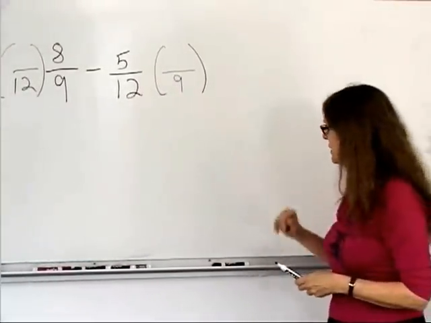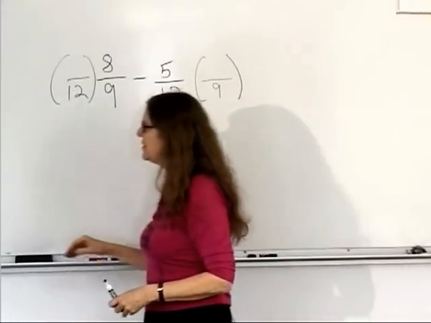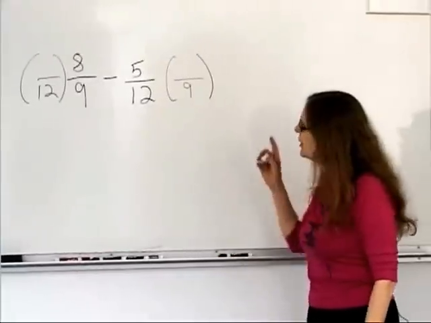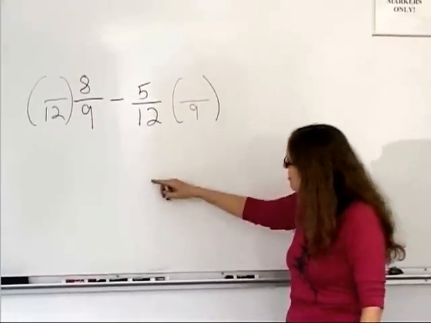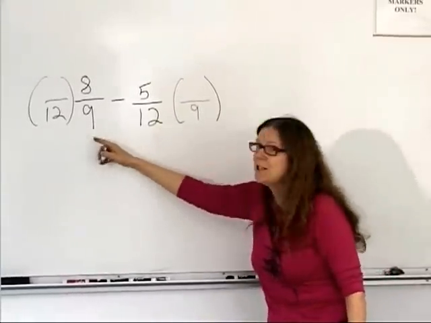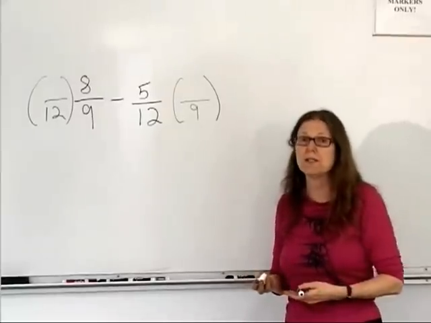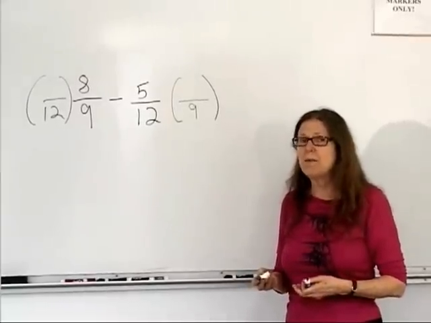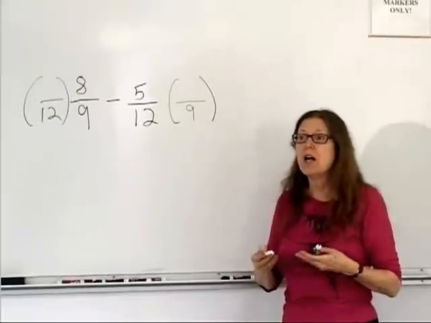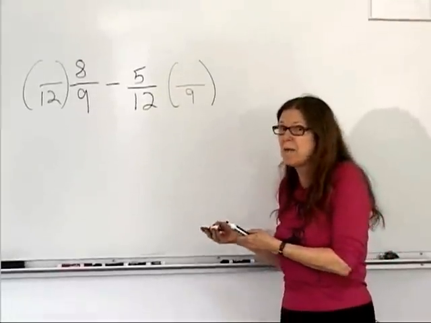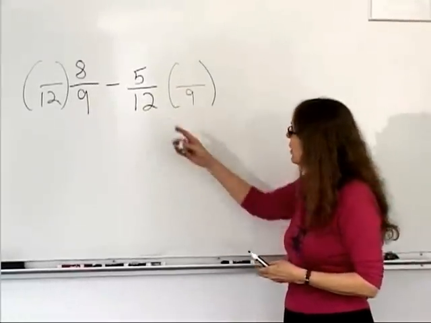But I can look at this and see that there's something I could do that would make my work a little bit easier. Because really what I'm looking for is some number that I can multiply each of these by and get to a common multiple, essentially. A common denominator is sort of what you're looking for, the least common multiple.